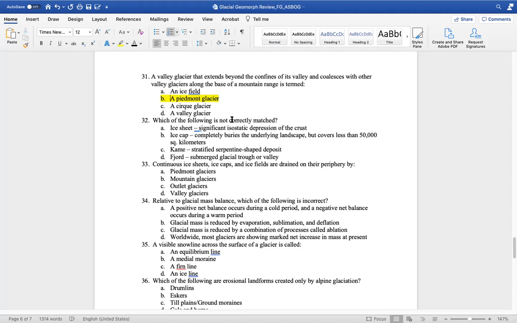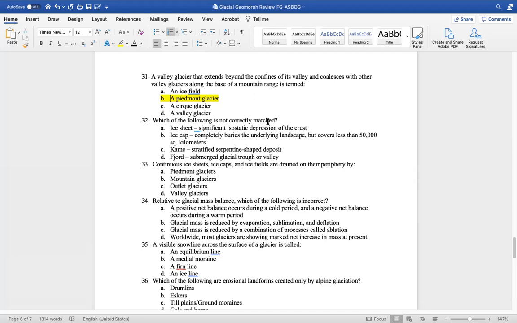Which of the following is not correctly matched? An ice sheet, a significant isostatic depression of the crust. That makes sense. Ice sheets are very, very thick. We're talking kilometers thick. So they do have the ability to influence isostasy, pressing down on the crust.